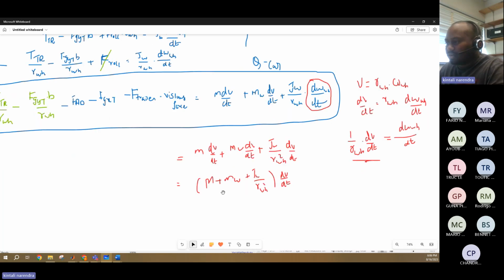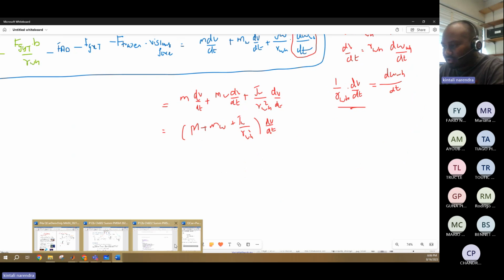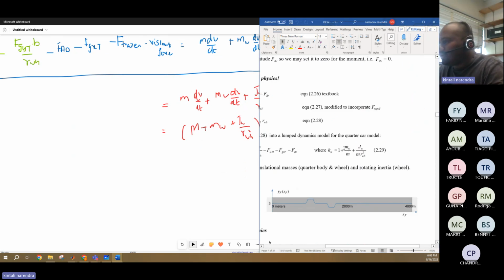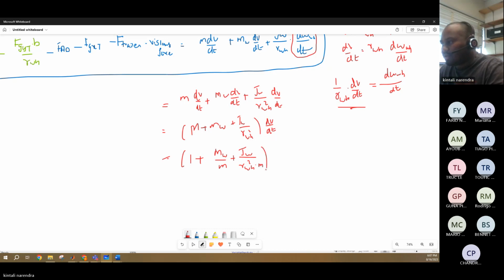Further, they took the M also common, because in the equations it is MW by M. So they took M common here, which is 1 plus MW by M plus JW by RWH square into M, into M into dV by dt.